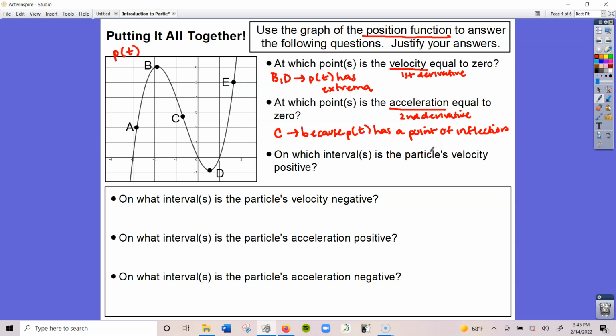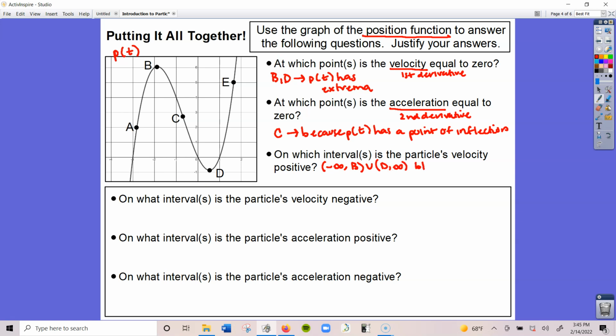On which interval is the particle's velocity positive? The velocity will be positive. Again, this is the first derivative, and our first derivative is positive when the original function is increasing. So we would look here for where this is increasing, so that's from negative infinity until point b, and then again from d and forever to the right, which is infinity.